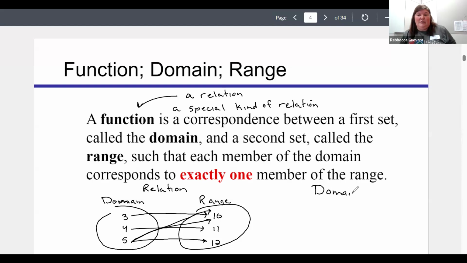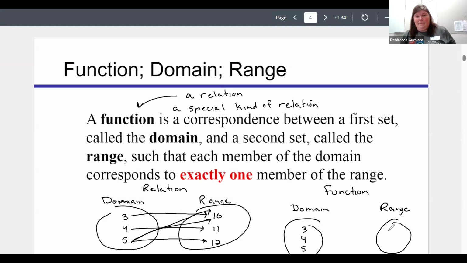When you talk about a function, let's write that down here. Let's say we have those same numbers again. What's important is that this 5 went to everybody, right? I said this 5 could go here, this 5 could go here, this 5 could go here.